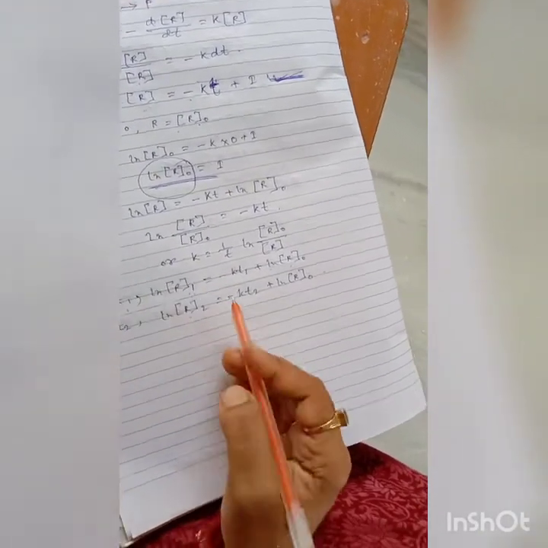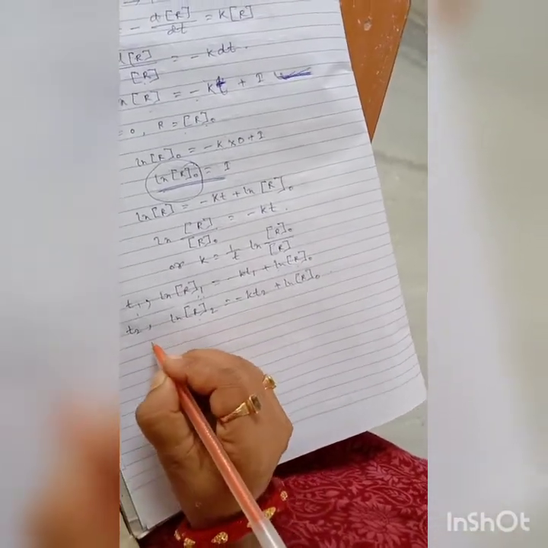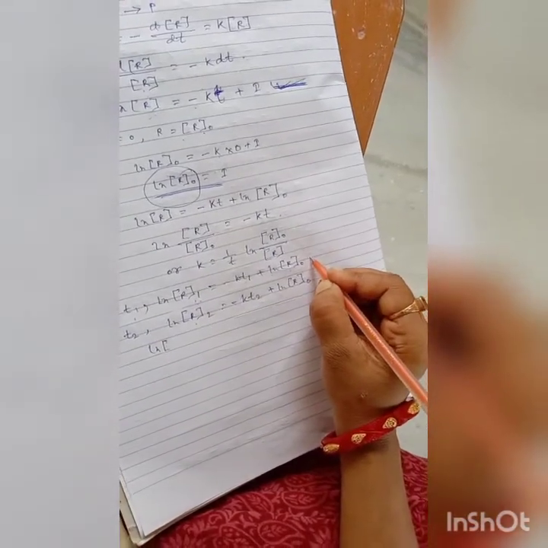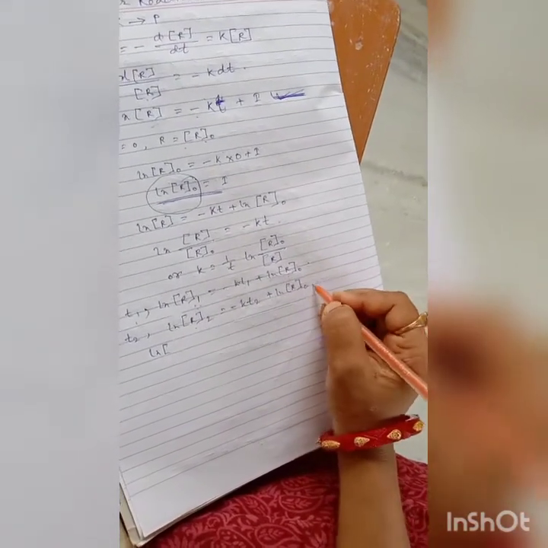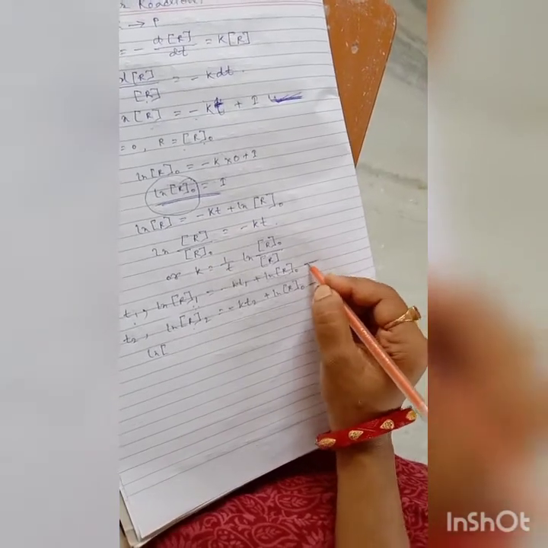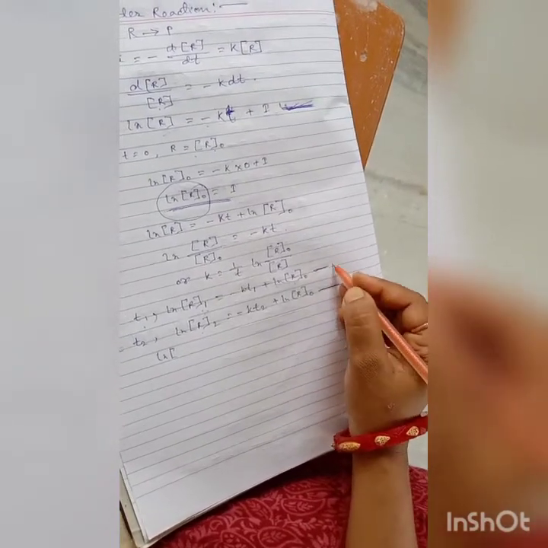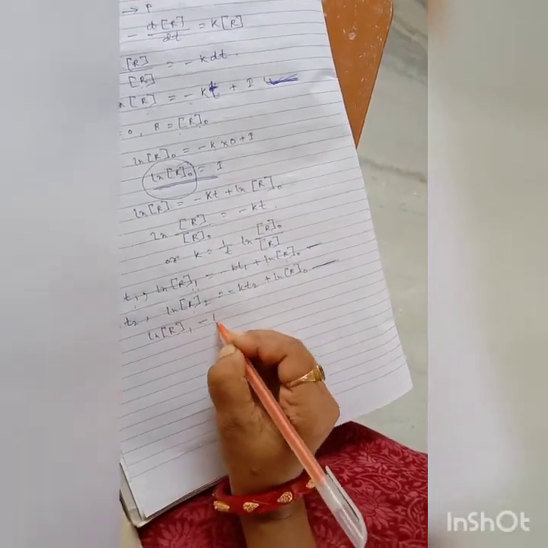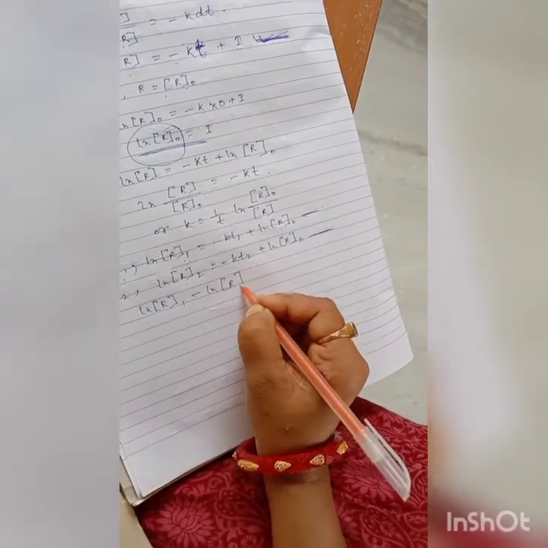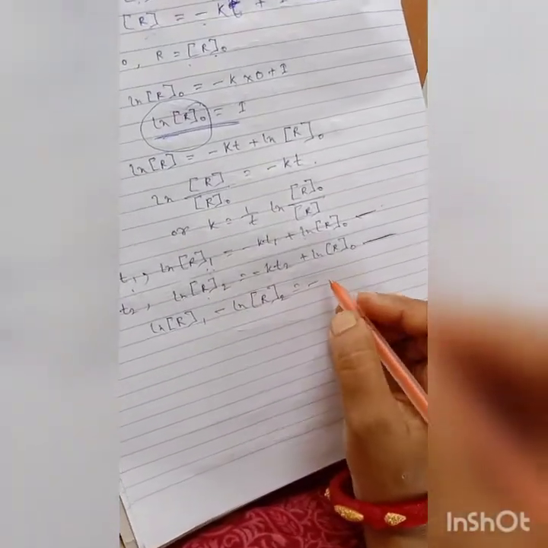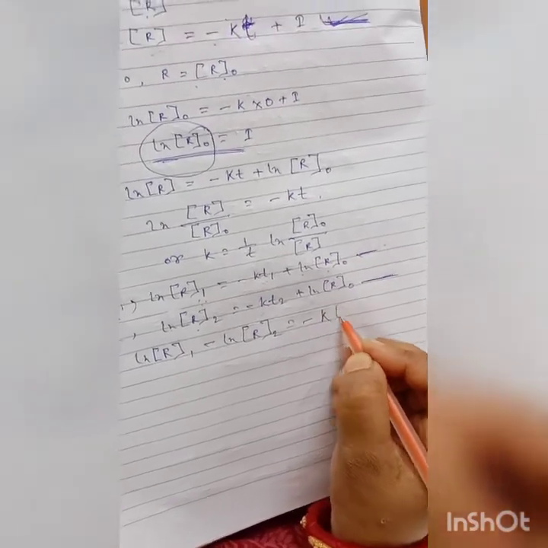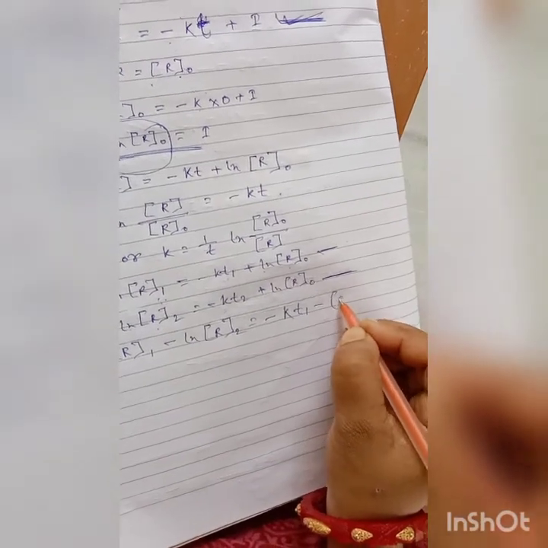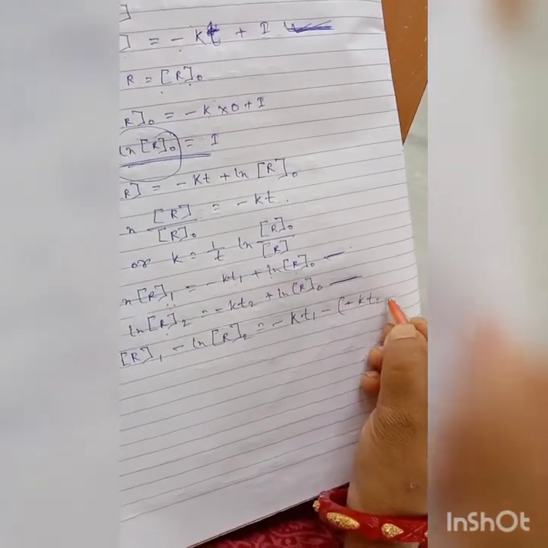Now substituting these values, we subtract this equation from this. We get ln R1 minus ln R2 equal to minus kt1 minus of kt2.